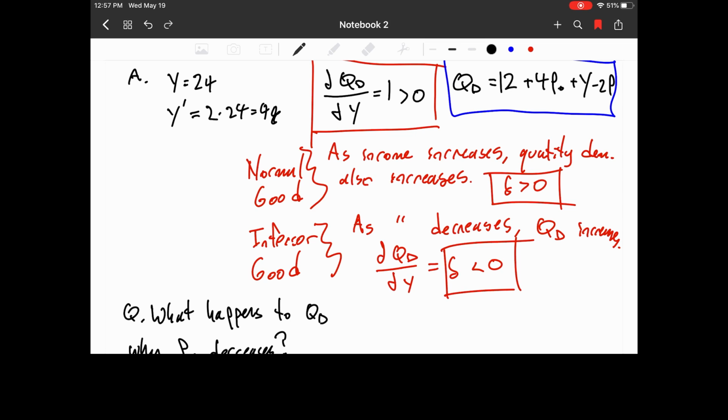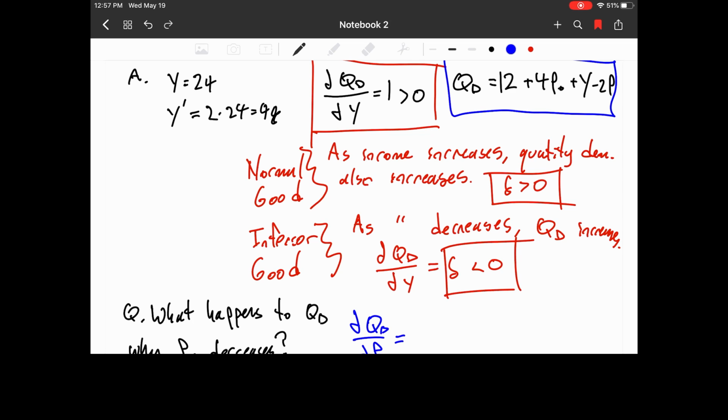So I said this was a substitute, but we're going to leave our interpretation of the other good until the end. Okay. So again, the way we approach this is we just take a first derivative. The derivative of QD with respect to, in this case, the variable we're considering is P0.